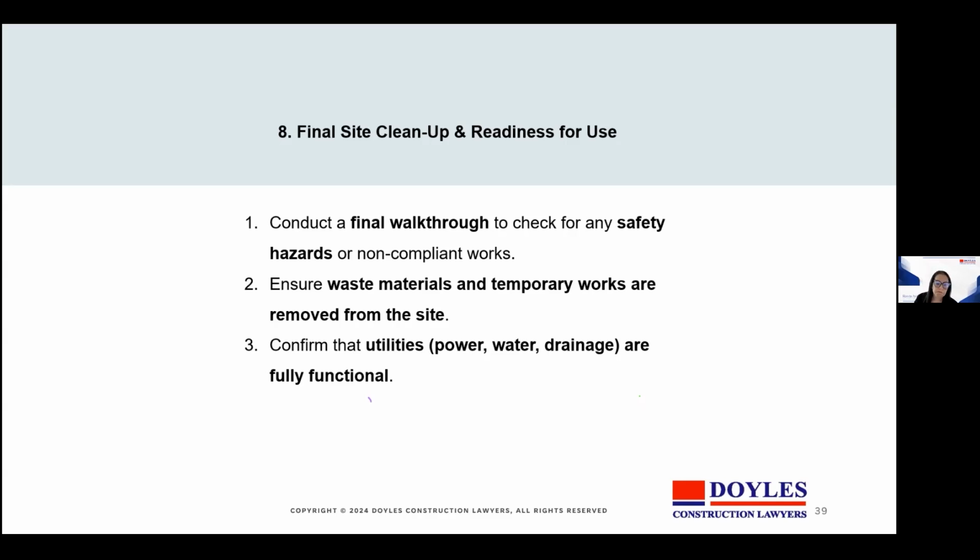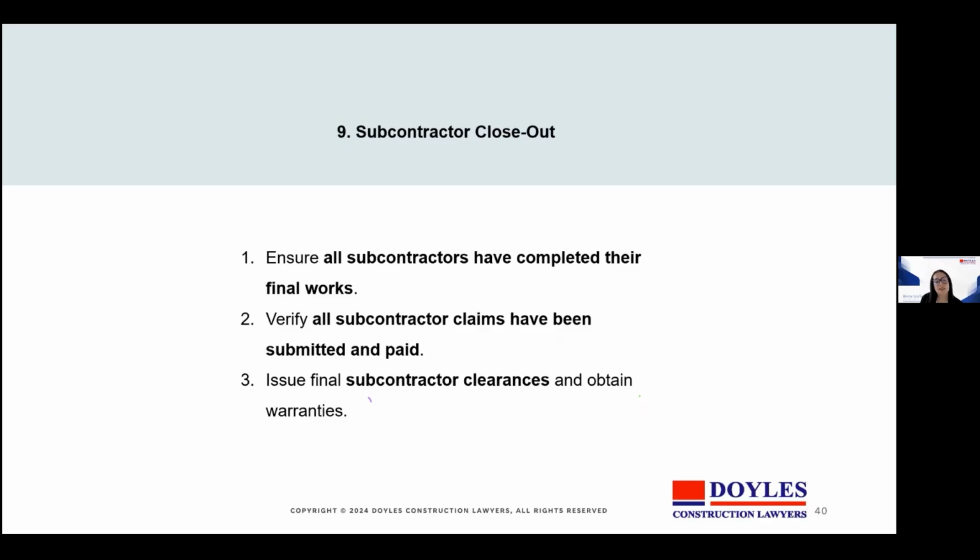Subcontractor closeout. Ensure that all subcontractors have completed their final works. Verify all subcontractor claims have been submitted and paid, and issue final subcontractor clearances and obtain warranties. So unresolved subcontractor issues delay finalisation and create downstream claims.